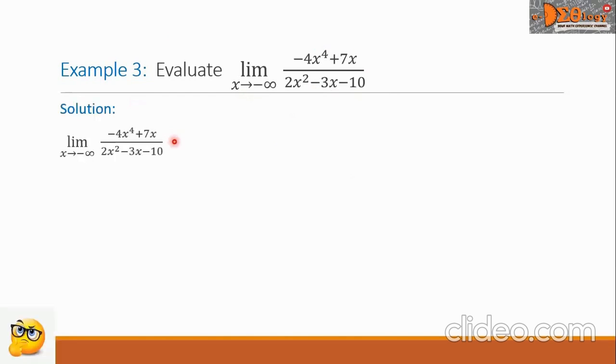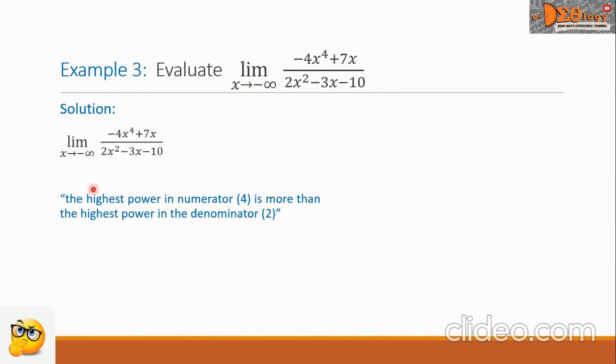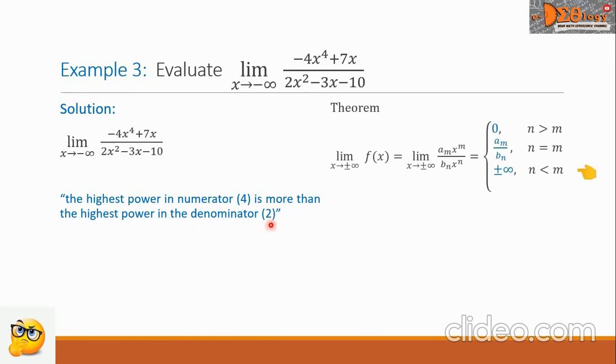For our solution, we take note that the highest power in the numerator, that is 4, is more than the highest power in the denominator, which is 2. So in the theorem, this falls on category number 3. The n is less than m. And the answer might be positive infinity or negative infinity.